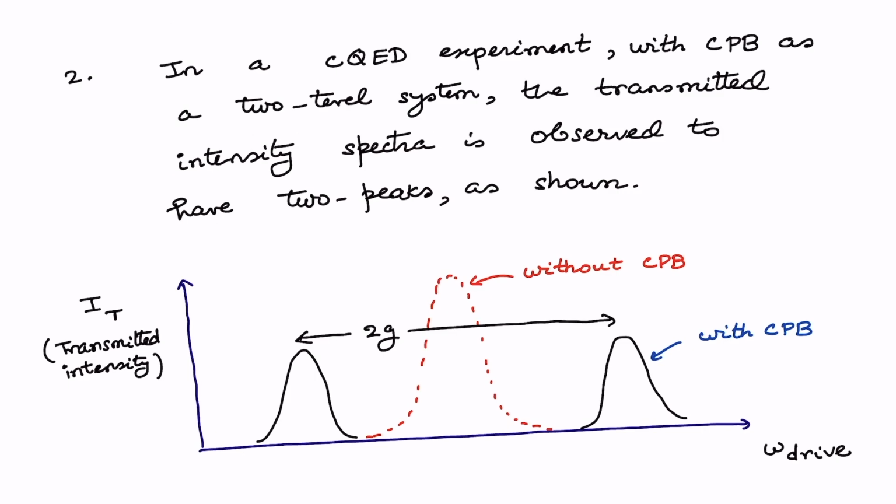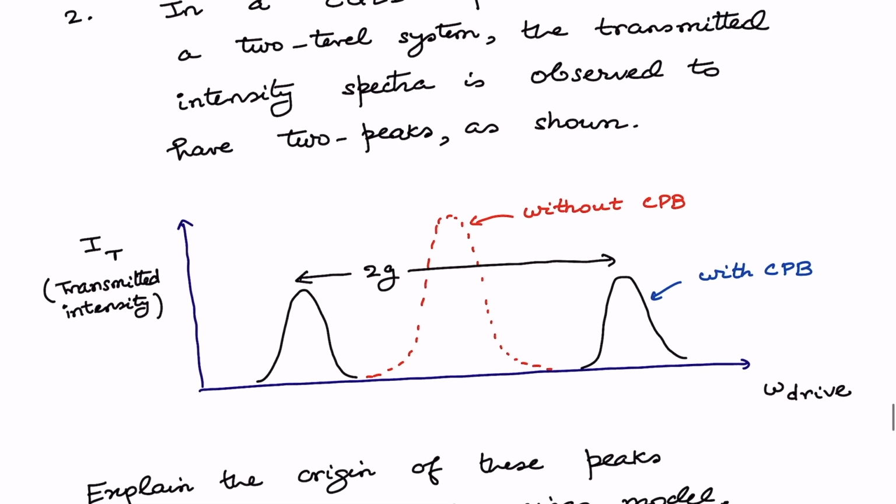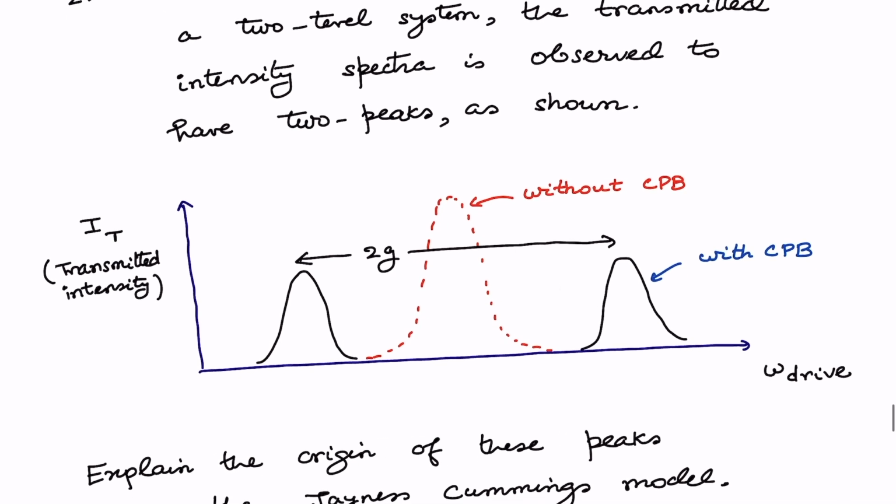In a circuit QED experiment with a Cooper pair box as a two-level system, the transmitted intensity spectrum is observed to have two peaks as shown. So here you are given a transmitted intensity versus drive frequency plot, and without the Cooper pair box, that means the Cooper pair box is not coupled to the radiation, you have one single peak of the radiation shown by this red dotted line.